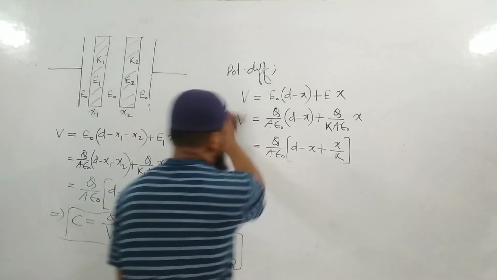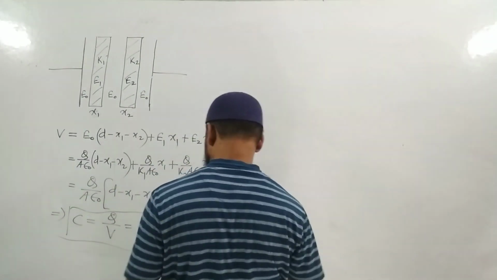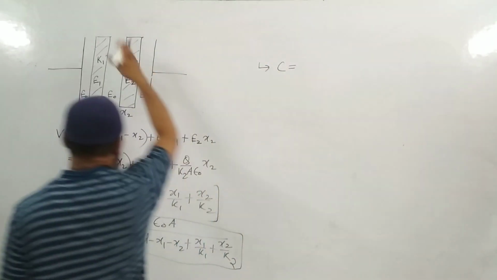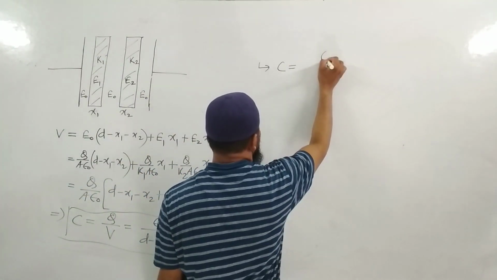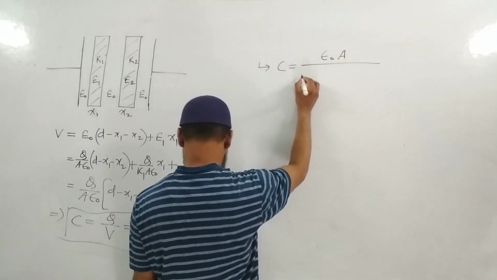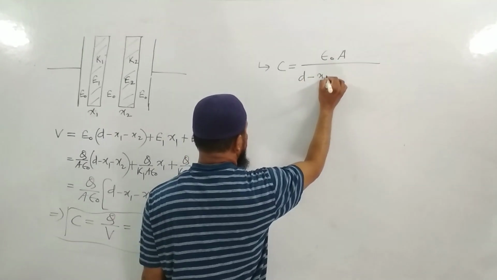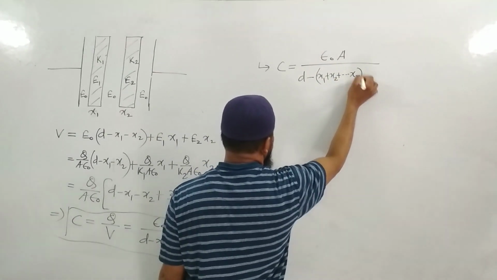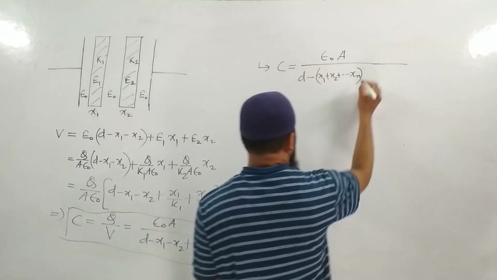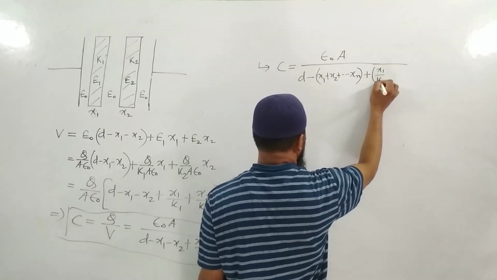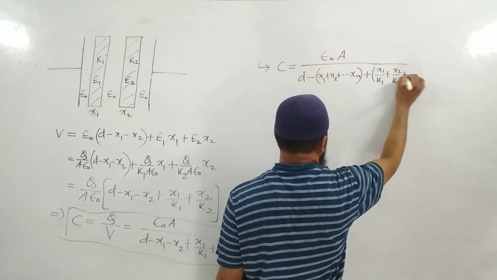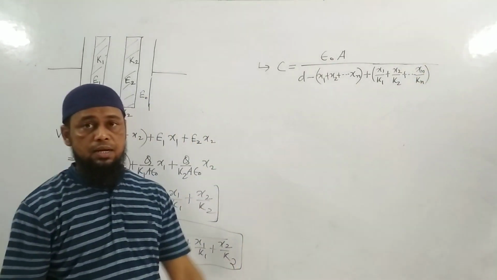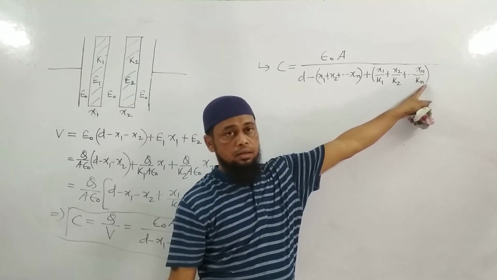Okay, so that means if we put n slabs like this, then capacitance will become epsilon naught A divided by D minus X1 minus X2 and so on up to Xn, in bracket, plus X1 by K1, X2 by K2, up to Xn by Kn.